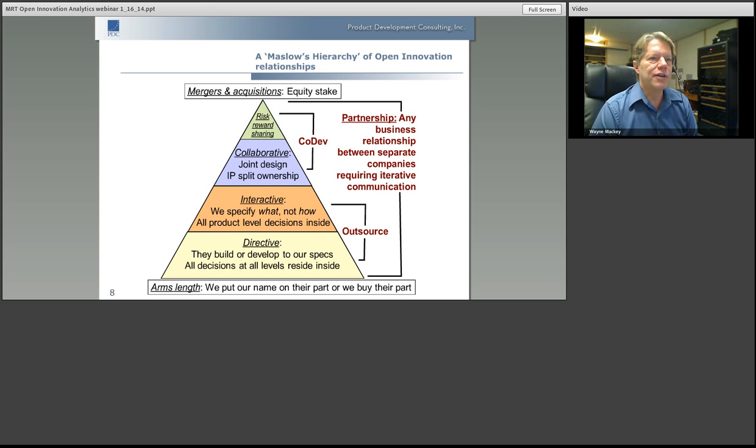Often, the higher levels of Maslow's hierarchy relationships end up being mergers and acquisitions, because we end up finding synergies that we want inside the company. So when we talk about open innovation relationships, anywhere on this hierarchy is right, depending on the need and the type of thing that you're trying to achieve and your goal, going back to the idea that goals should drive everything when we set up our analytics.